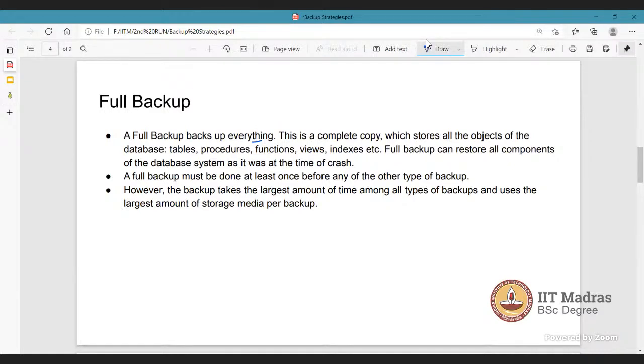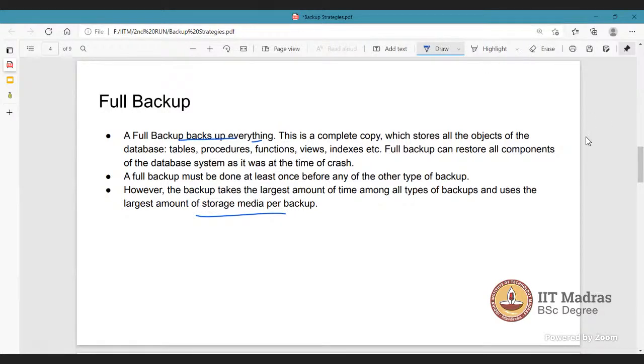However, there is one disadvantage of using a full backup. Since we are backing up everything, as it is written here, it takes a large amount of time and also a large amount of storage media.